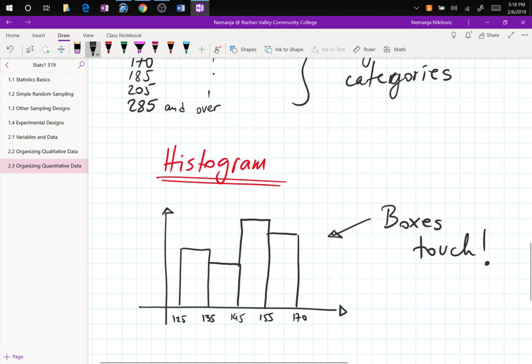So this weight is continuous, but it's still in categories, because as soon as you hit this mark of 135, you are going into the next category. And the same thing with taxes, right? So the histogram would be used for everything in this. You can use it for all of them, right?